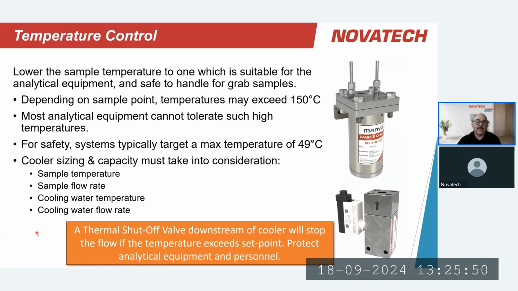That's obviously a problem, but also for safety, we don't want to expose personnel potentially to temperatures beyond 50 degrees C. A thermal shutoff valve will automatically close or shut off the flow of the sample if the temperature exceeds its set point.